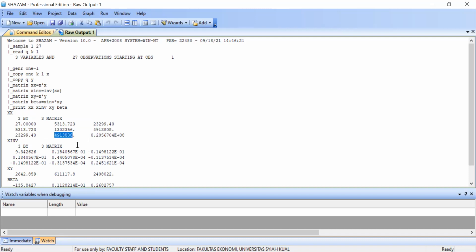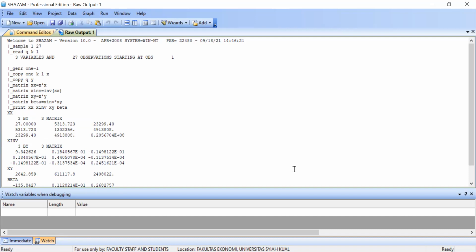Symmetric matrix means the off-diagonal values on either side of the diagonal are the same.